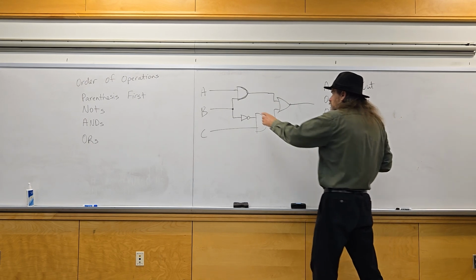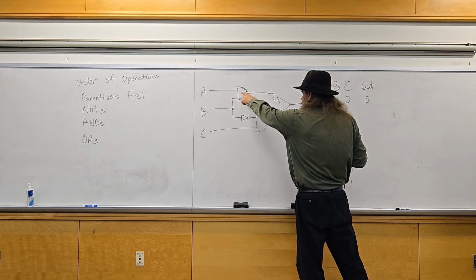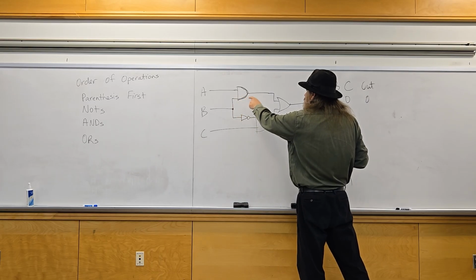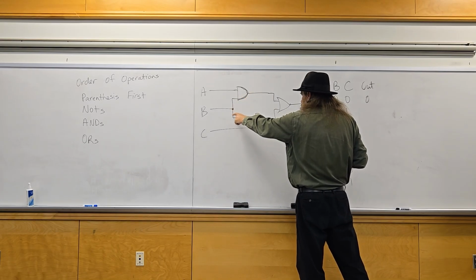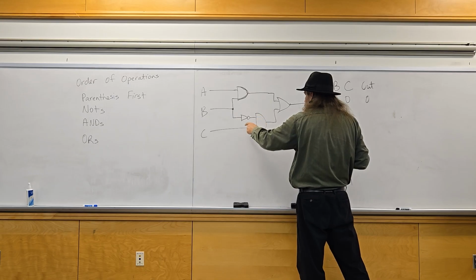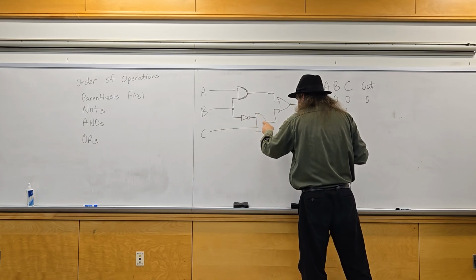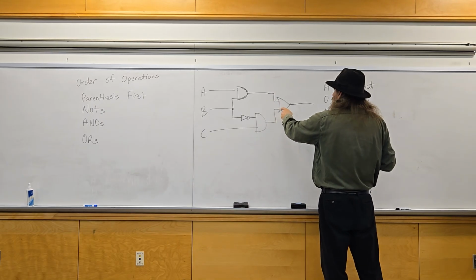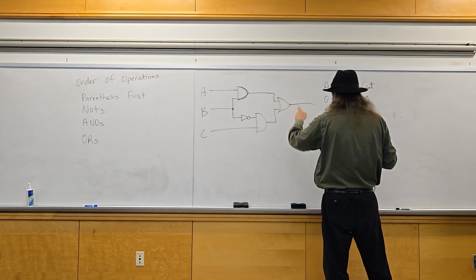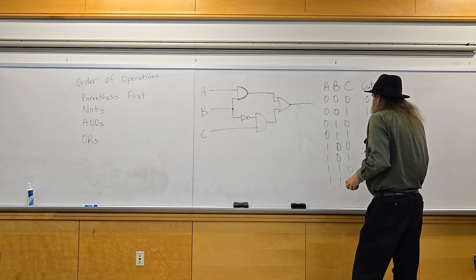Again, 0 and 0 for A and B would lead to a 0 here, but it would lead to a 1 here. And C would be a 1, which would be a 1 for the AND out, and 1, 0, 1 for the OR would lead to a 1.